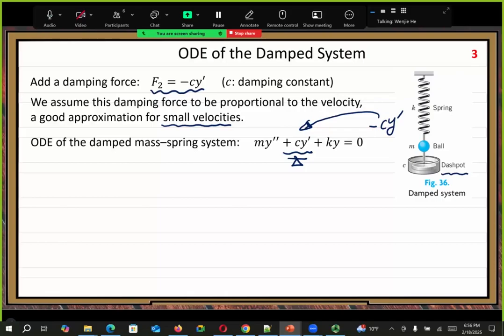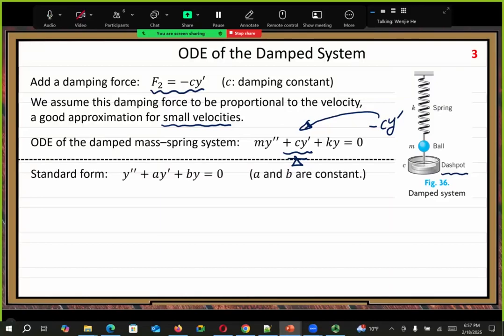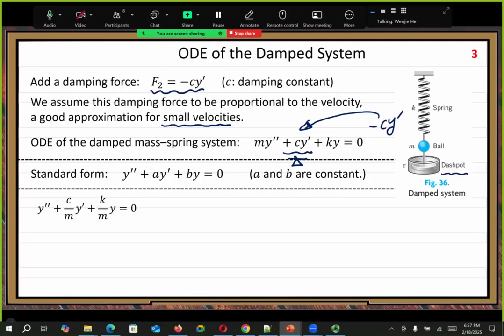Let me keep an eye on the clock. I still have 4 minutes before our break time, so let me try to complete this slide before the break. Then we try to solve it, which is pretty straightforward. We write the standard form, then get its corresponding characteristic equation with lambda as the variable.